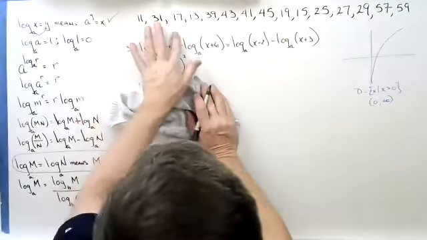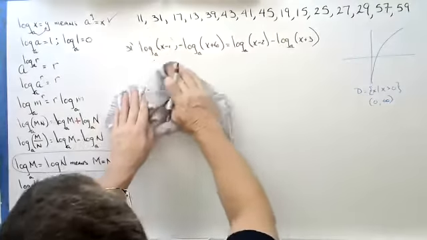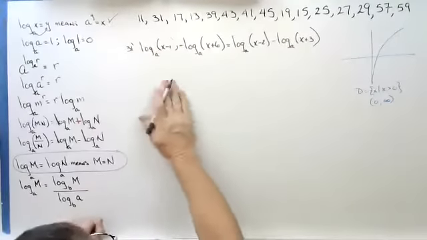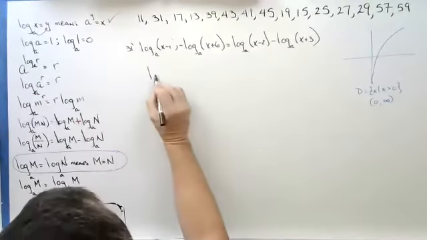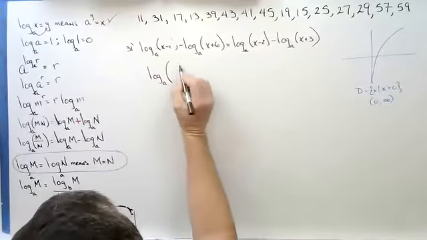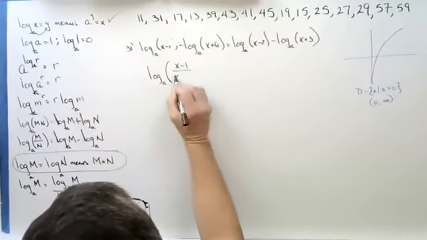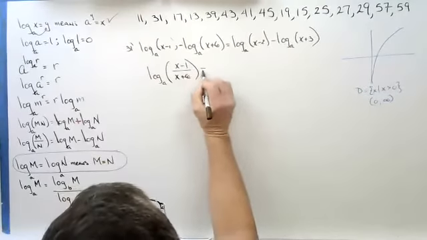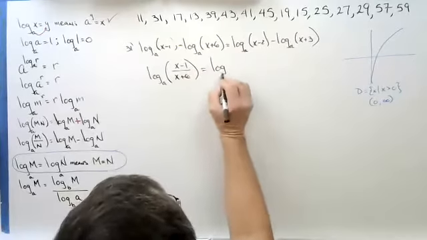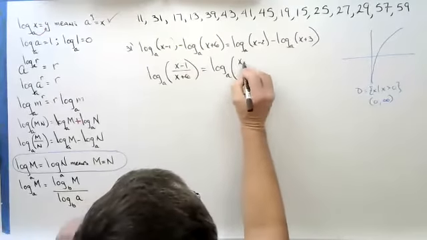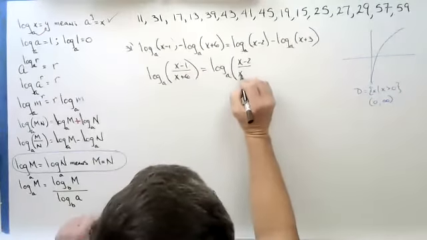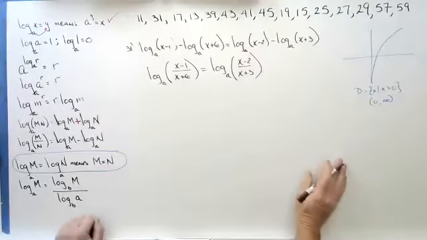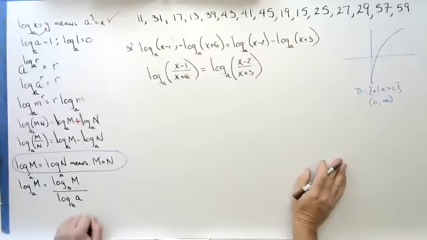But Michael didn't do that, right? So what do we do? Why don't we make it 1 log? And we make this 1 log. And we know what to do with that.